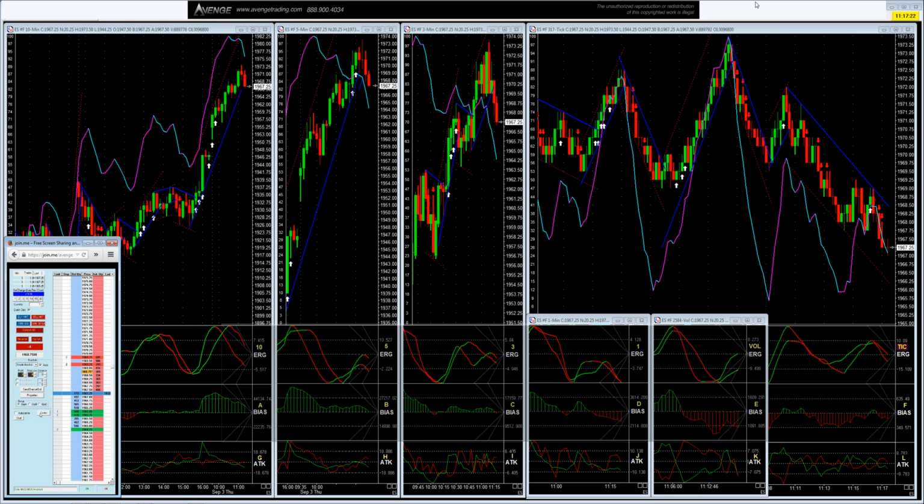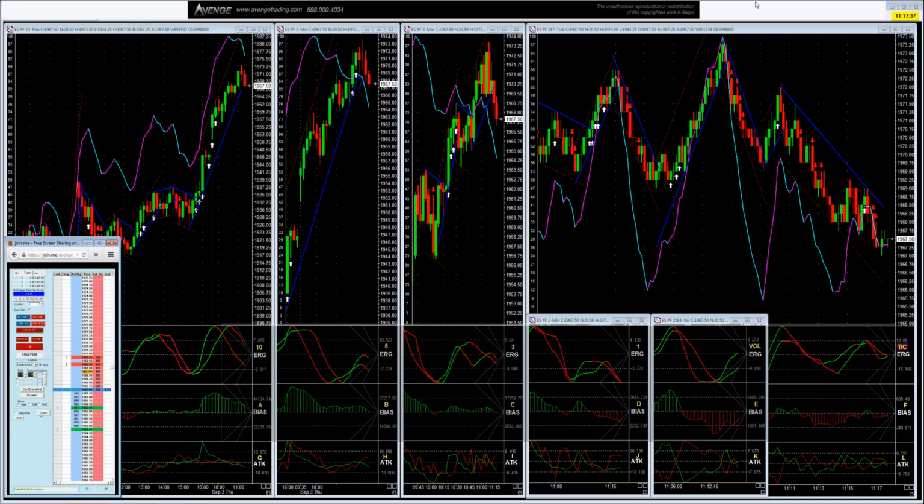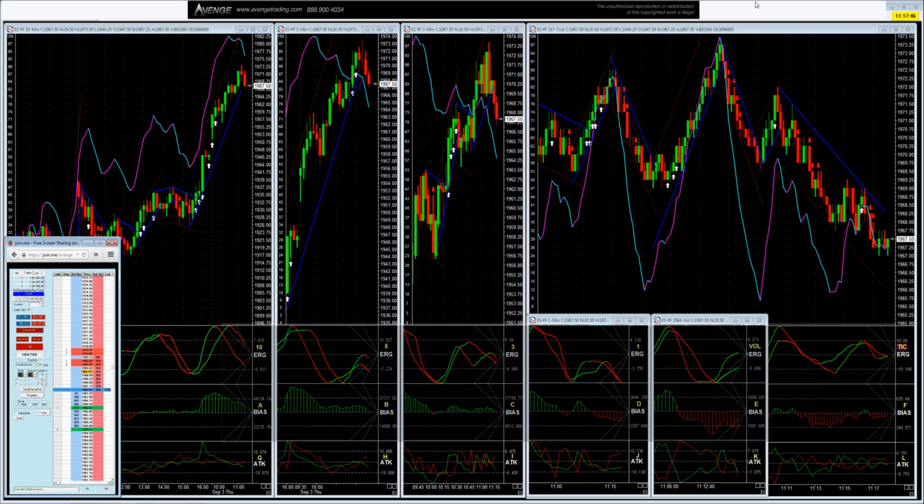We did fill that compound there, 67.25, as well as the entry on the setup 10.5. So I will have 1 point target on that. I will lock in 1 tick on my setup 10 and just keep the 2-point stop on the setup 10.5 at 69.25.